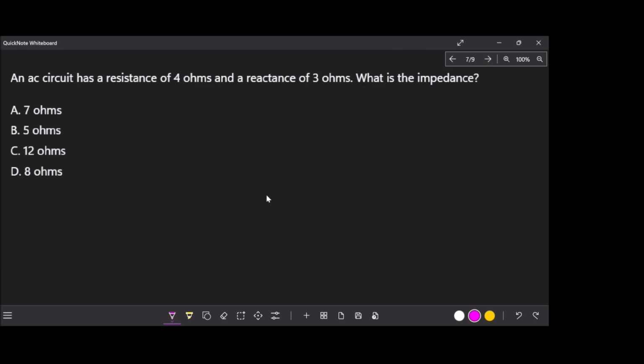Next. An AC circuit has a resistance of 4 ohms and a reactance of 3 ohms. What is the impedance? The formula for impedance Z is equal to the square root of R squared plus X squared, where R is our resistance and X is our reactance.